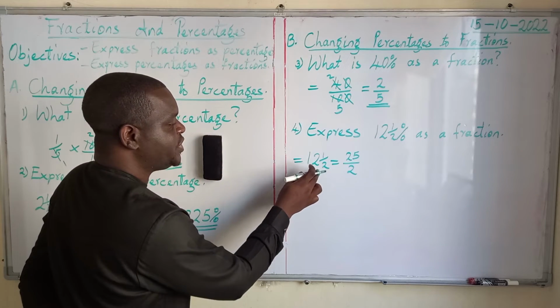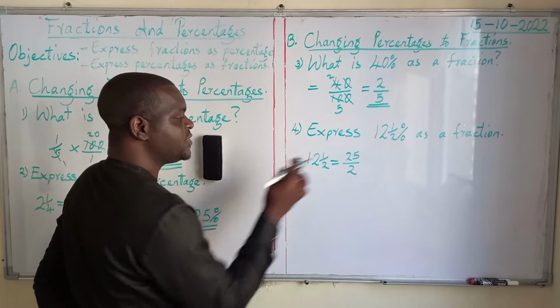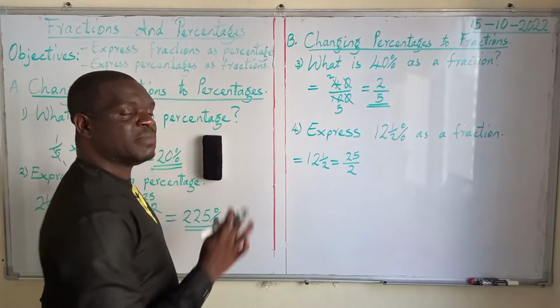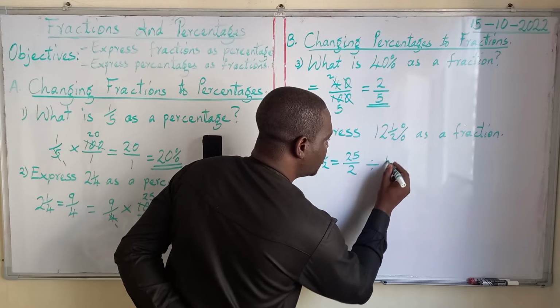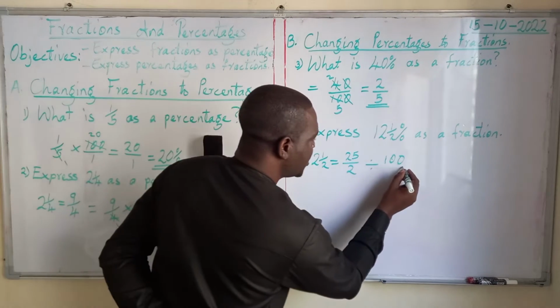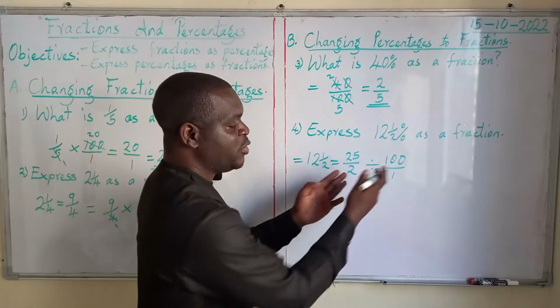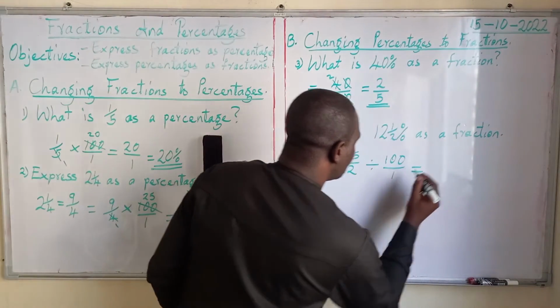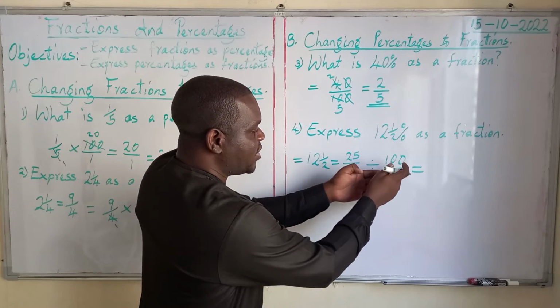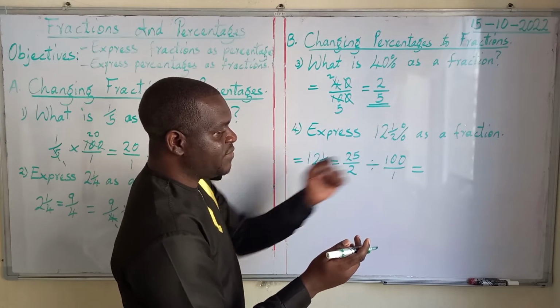We've changed the mixed fraction into an improper fraction. At this level, you are not dividing by 100 yet. When you have it as an improper fraction, you can now divide by 100. To divide by 100, you can also make it a fraction so that it looks neat and you can easily solve it. This means we are dividing a fraction by another fraction. So we change the sign and invert the second fraction.